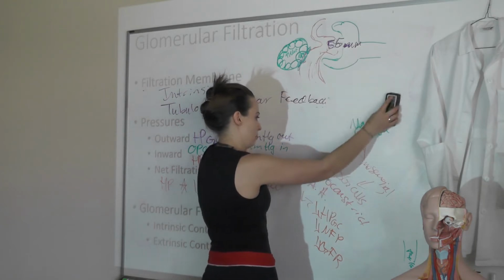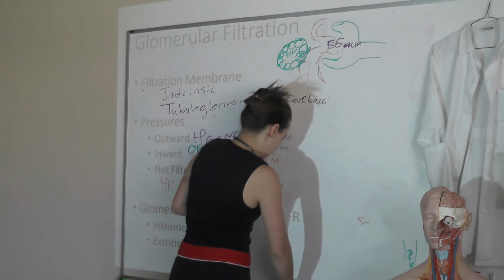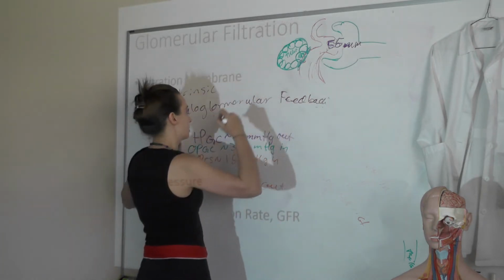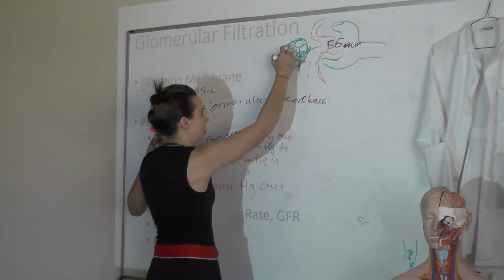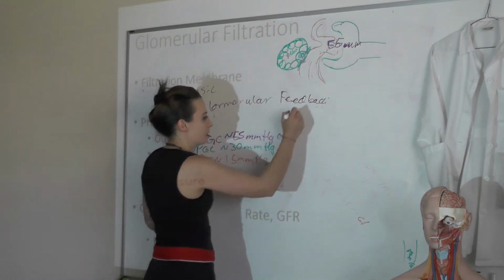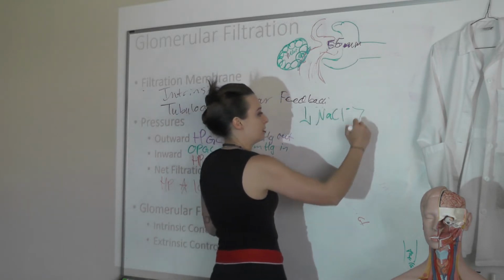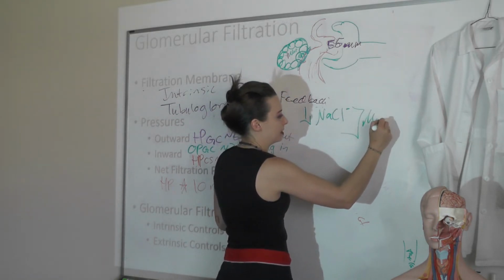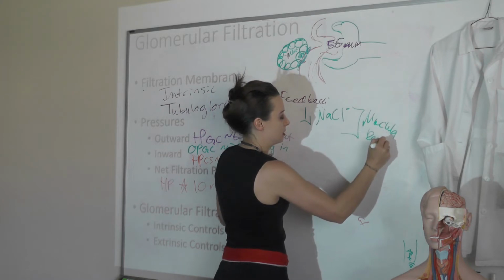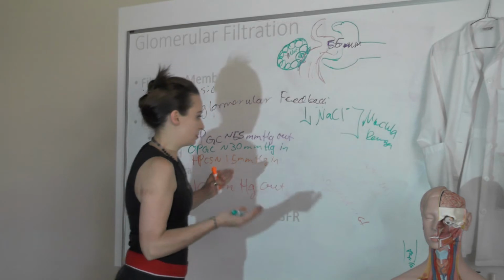Well, what about if there's not enough sodium chloride? So what if, instead of sensing an increase in sodium chloride coming through here, we sense a decrease in sodium chloride? If there's a drop in sodium chloride, then this is still going to be detected by my macula densa cells. And now if there's a drop in sodium chloride, what does this mean?